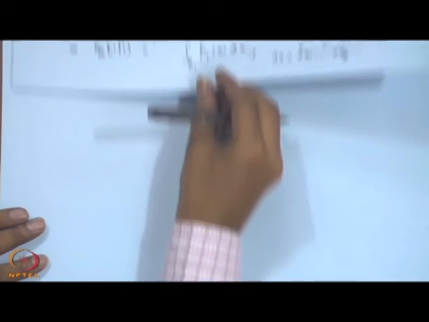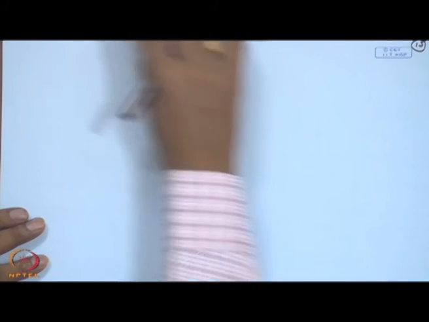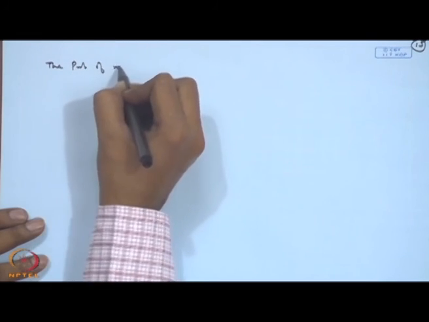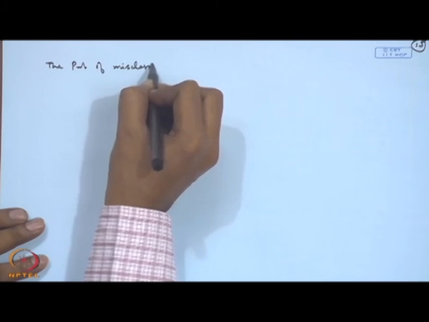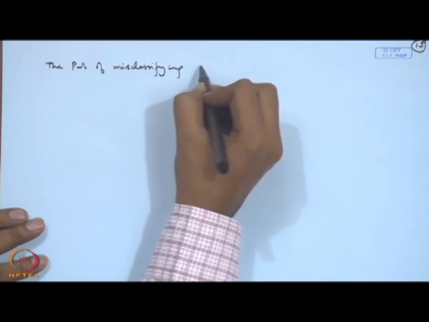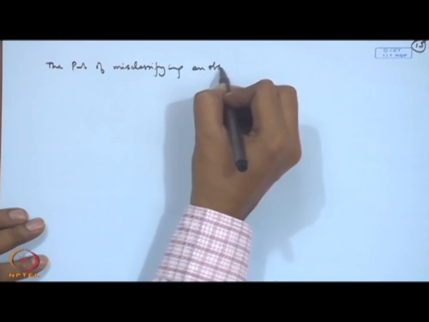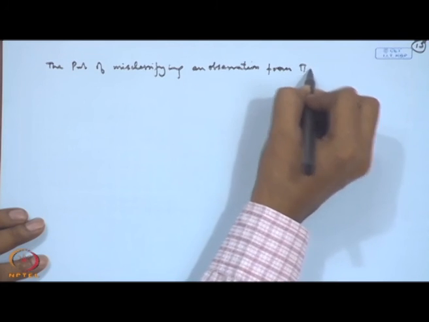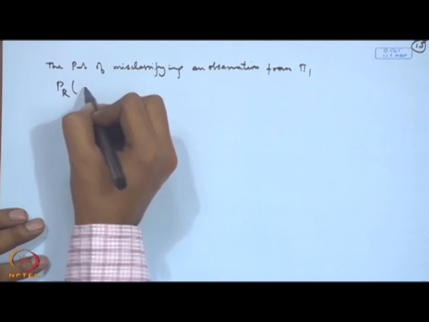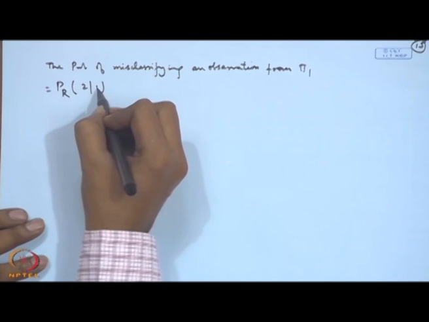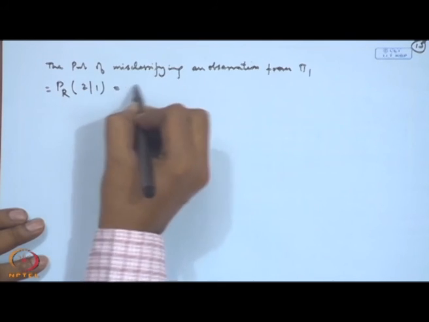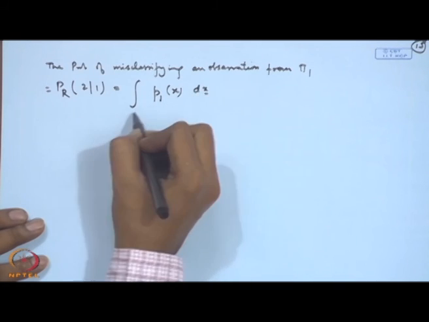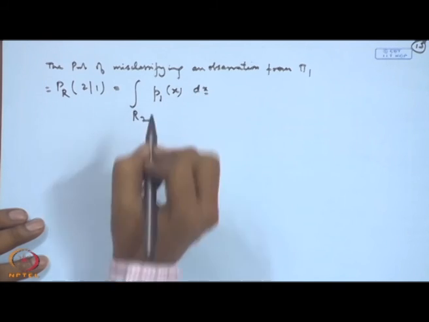Similarly, we can define the probability of misclassifying an observation from pi 1, that is P r 2 given 1. That means it is coming from 1, we classify it as 2. That means the density is actually P 1, but we put it as R 2.